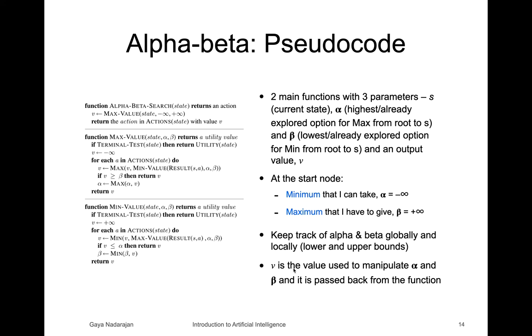And v is then the value that is used to manipulate alpha and beta, and it is passed back from the function. Okay, at the moment you've got a little bit more insight into the algorithm, but you still don't have a full technical breakdown of it. So the next page is going to be very important. Let's look at it.